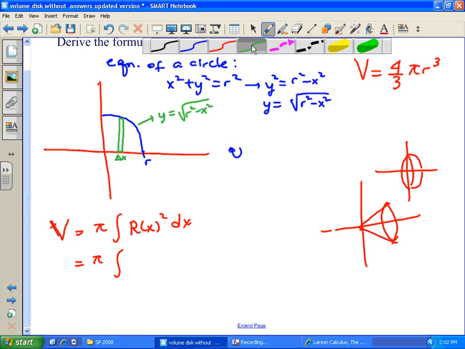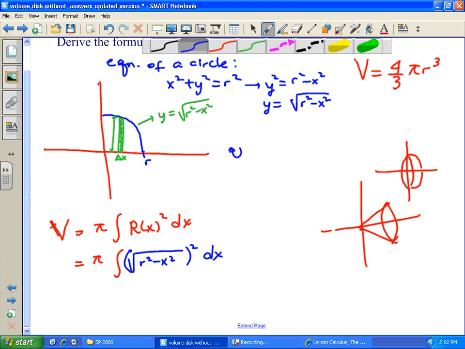Now, what is my R of x in this case? What is this distance? Whatever the function is, right? That is your R of x. So the function happens to be the square root of r squared minus x squared. But what should I do to that? Square it.